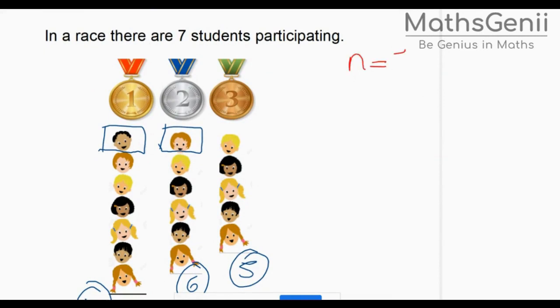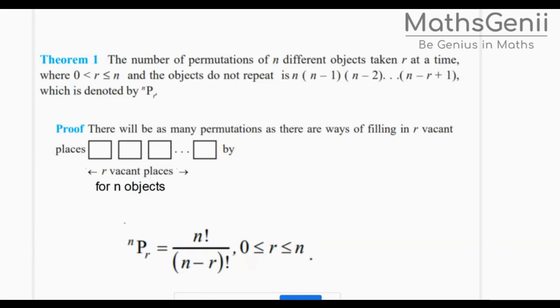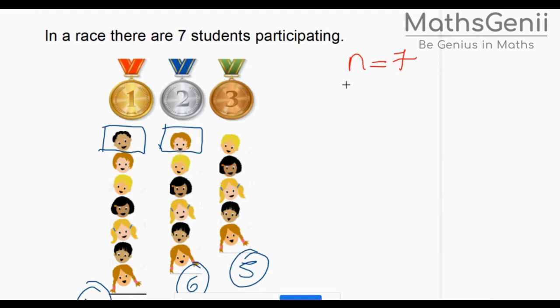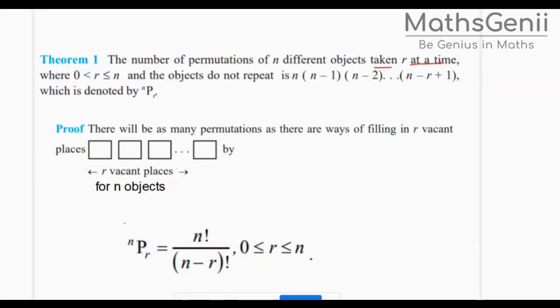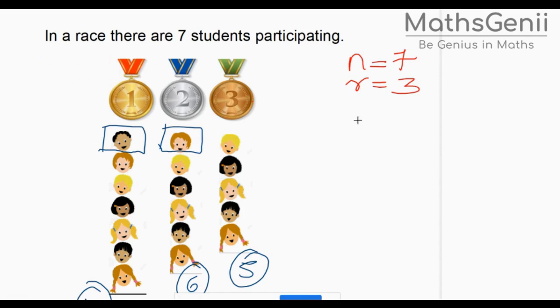N is 7. Now let's look at the next statement. Taken r at a time. So your r is how many positions? 1, 2, 3. Taken r at a time. Correct? Where r is between 0 to n, of course. It is denoted by nPr.